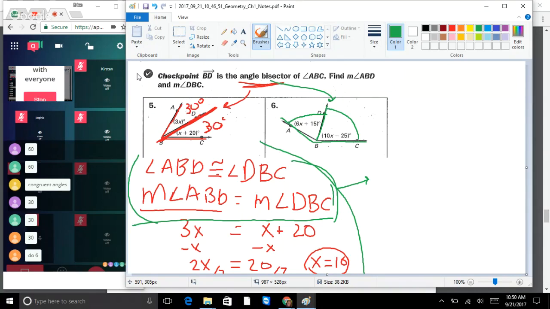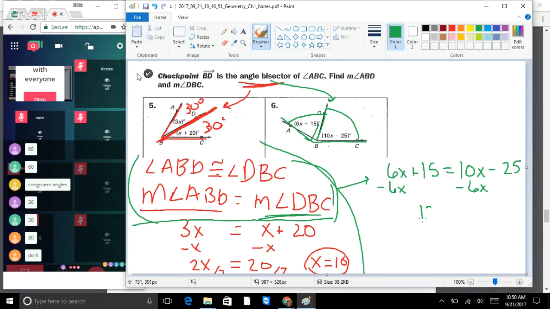So what that means practically is that the measure of angle ABD is 6x plus 15, and the measure of angle DBC is 10x minus 25. So let's do some algebra. We want to get the x's together, so we're going to subtract 6x from both sides.